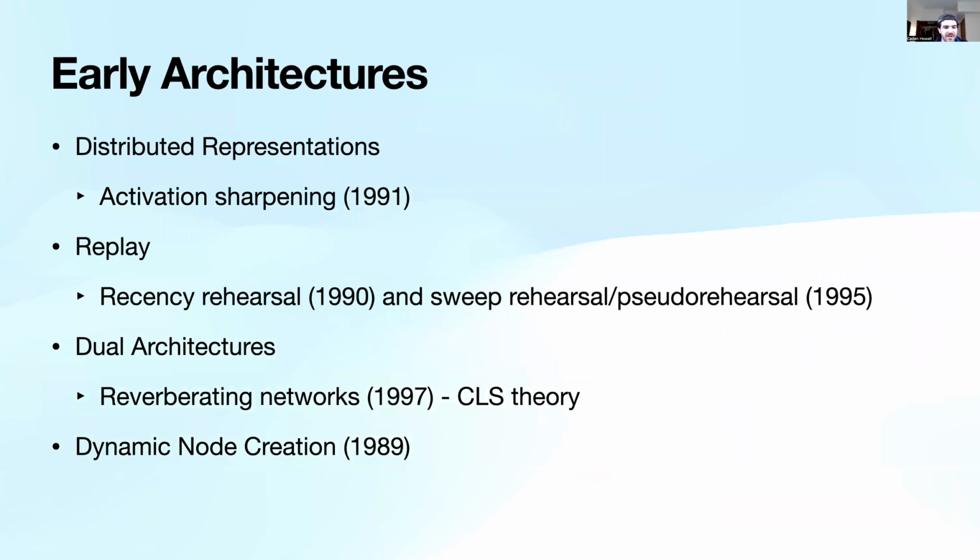Now, in the 1990s, as I've already talked about a little bit, there are several early architectures. One such architecture is activation sharpening. I briefly said that if they had tried hidden distributed representations, they would have got somewhere. And this follows from activation sharpening, which is essentially taking the activations on some nodes and increasing them a little bit, but to offset that you decrease the other ones around them, and then essentially you create sparsity.